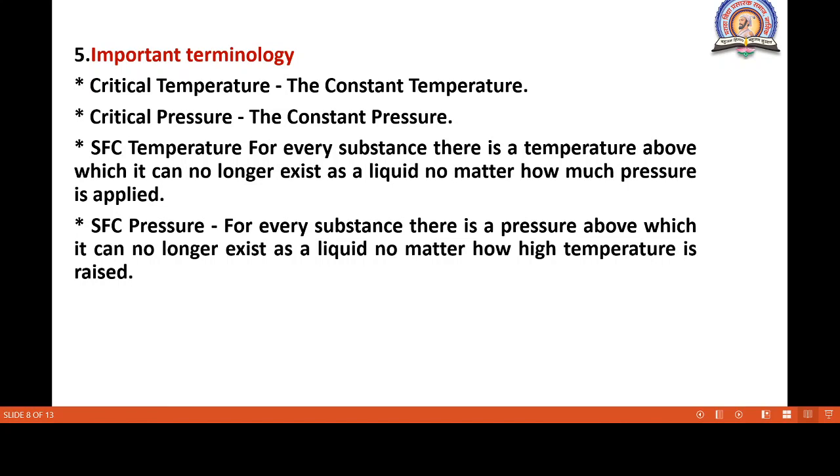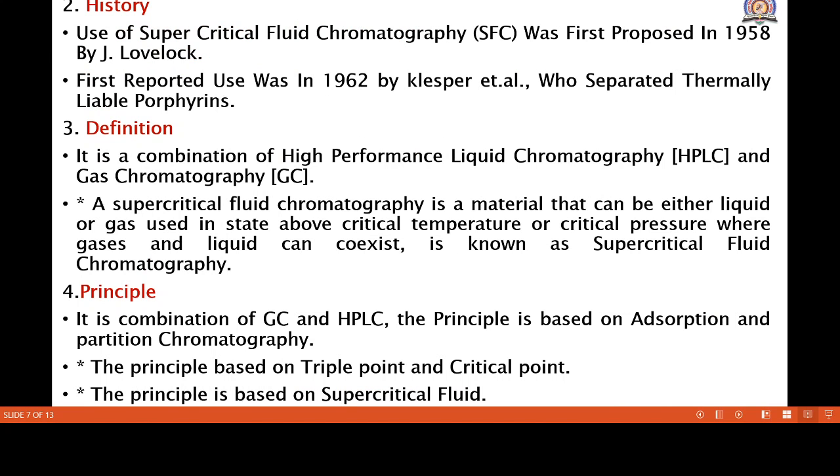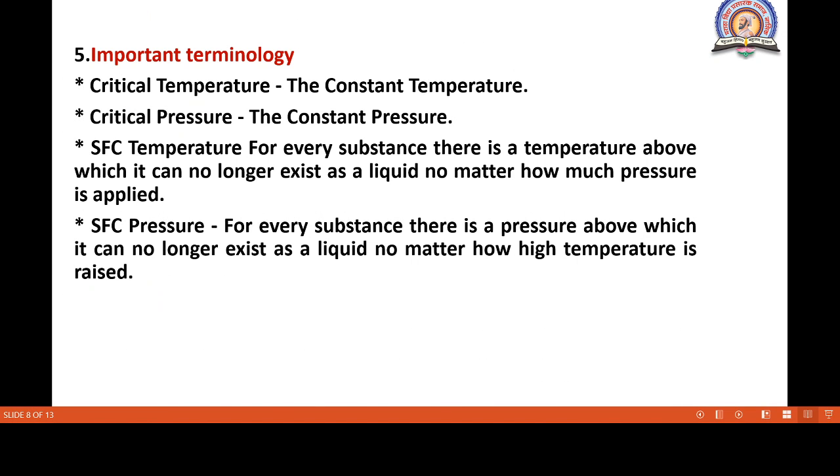Then next, the important terminology which is used in the SFC technique. In that we use the word critical temperature. What is critical temperature? It is the constant temperature. In the definition, we have seen the liquid or gas which is used above critical temperature and critical pressure. So critical temperature means constant temperature, and critical pressure means constant pressure.